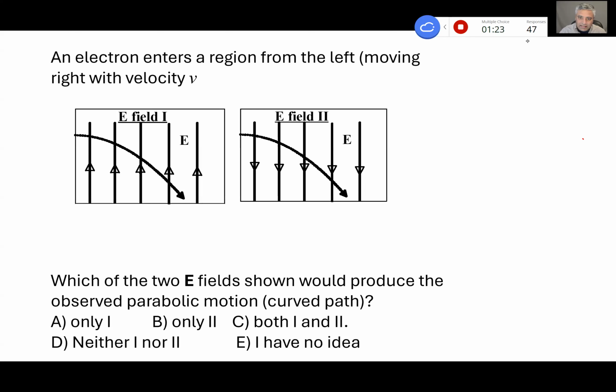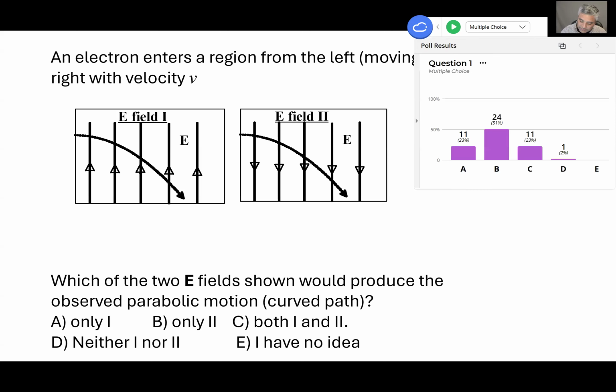And 5 more seconds. 5, 4, 3, 2, 1, and it stops. Okay, let's see what we got here. So mostly B, but there are A and C competing. Nobody said they had no idea. At least you know something, right? That's good.